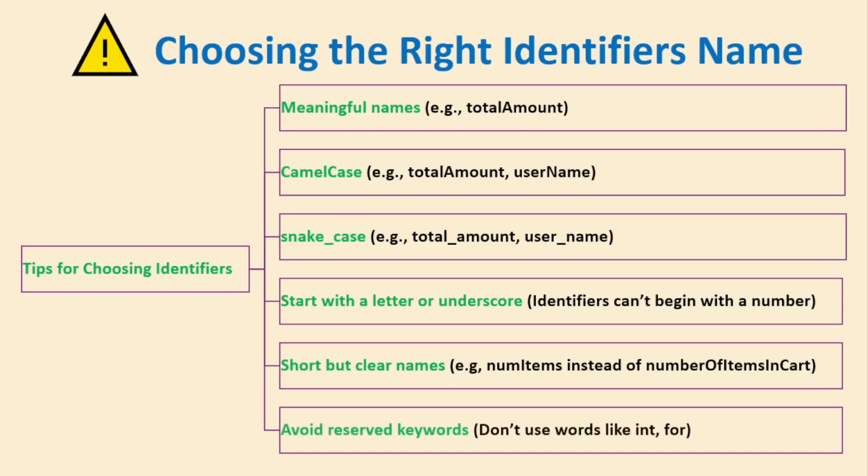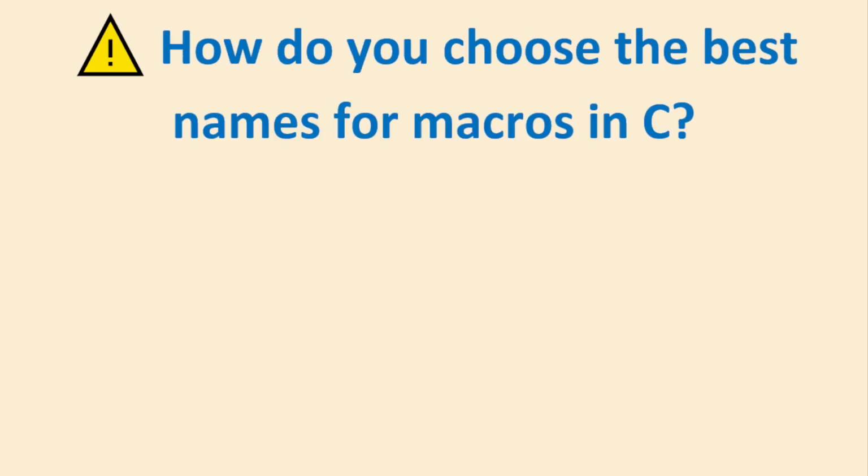Lastly, avoid reserved keywords like int, for, or if as variable names since they already have a defined purpose in C. How do you choose the best names for macros in C?